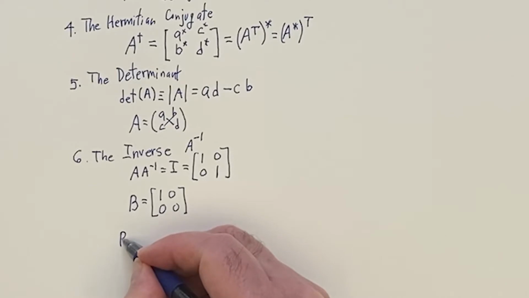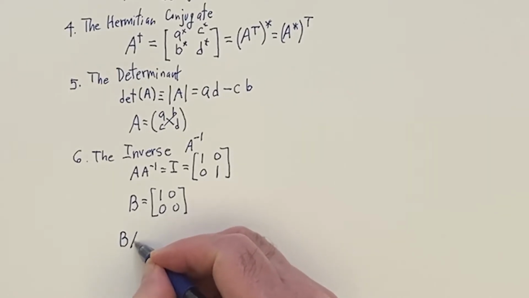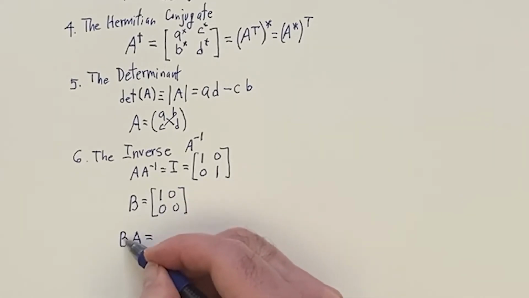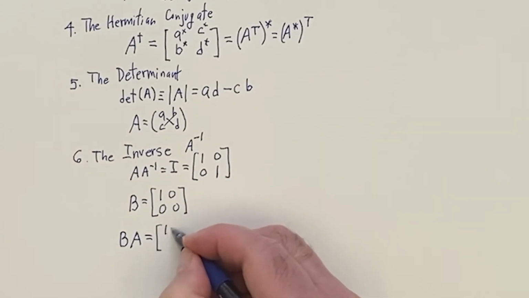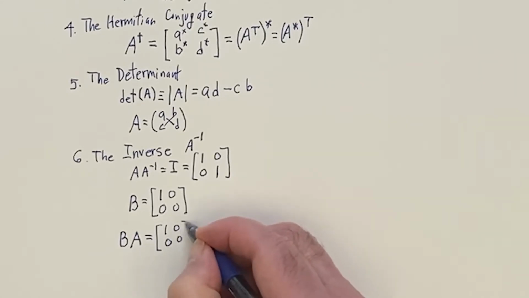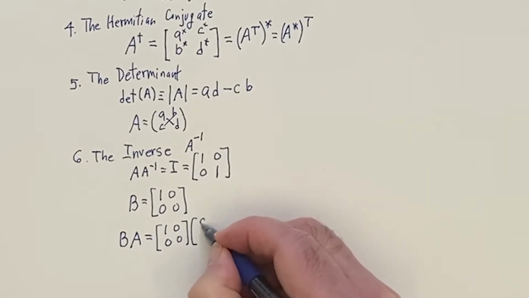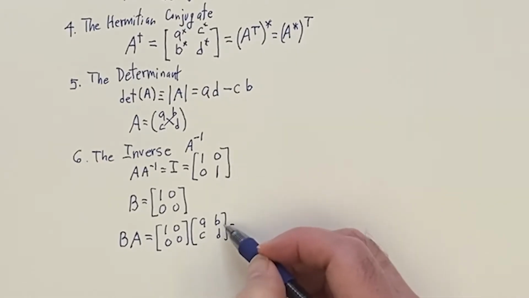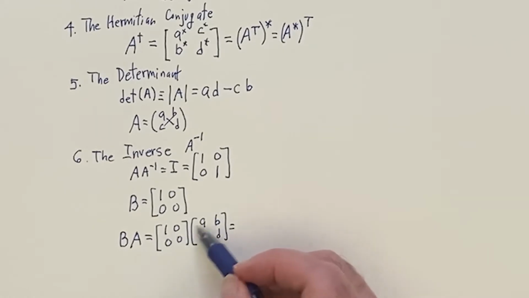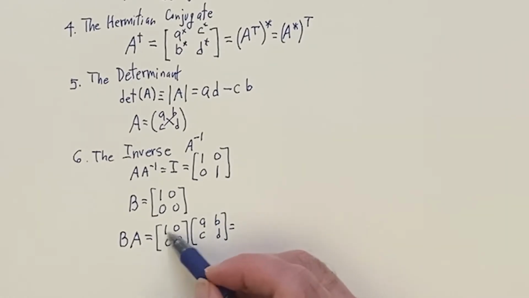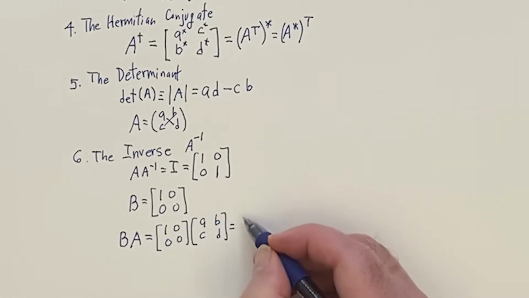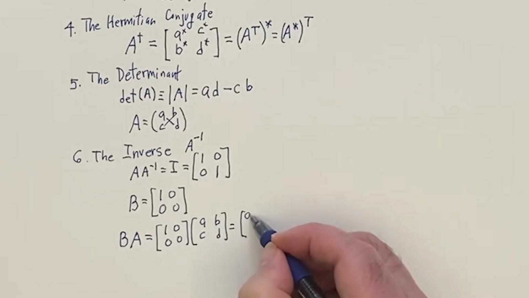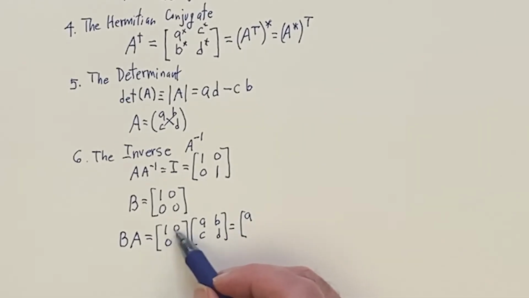If you take, say, B, and you're looking for another matrix, A, to be a candidate for the inverse for B, you would have 1, 0, 0, 0 times the A, B, C, D. And remember how you multiply matrices: you take 1 times A plus 0 times C. You turn this sideways, smack it against there, and that gets you this first one. So 1 times A plus 0 times C is A. Then you take these two, turn sideways with this.